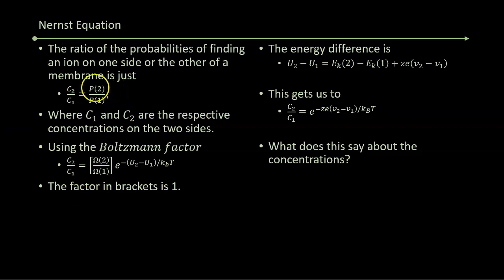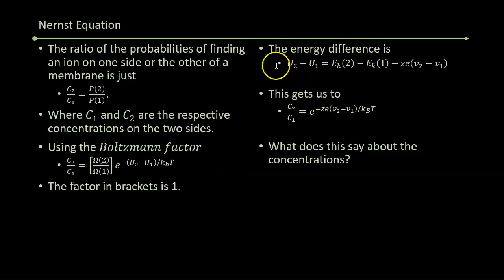So the ratio of the concentrations is the ratio of the probabilities. If we stick this into the Boltzmann factor, we get that the ratio of the concentrations is the ratio of the microstates, e to the minus difference of energy over kBT. And the factor in brackets is 1. So the ratio of concentrations ends up being e to the minus delta U over kBT.